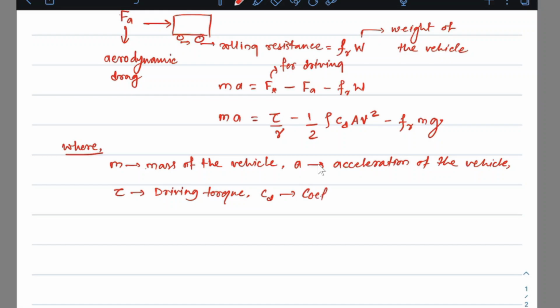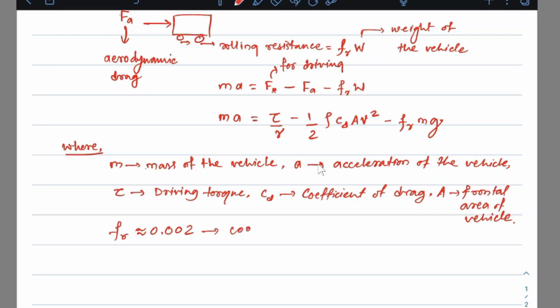CD is the coefficient of drag, A is the frontal area of the vehicle, Fr, its value is approximately 0.002, is the coefficient of rolling resistance, and R is the radius of the tire.